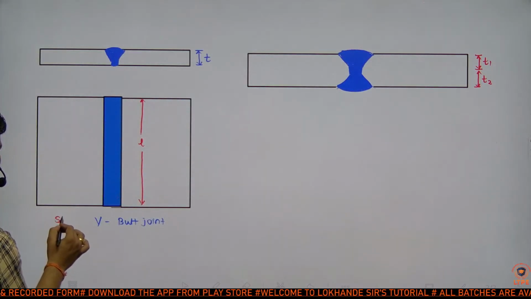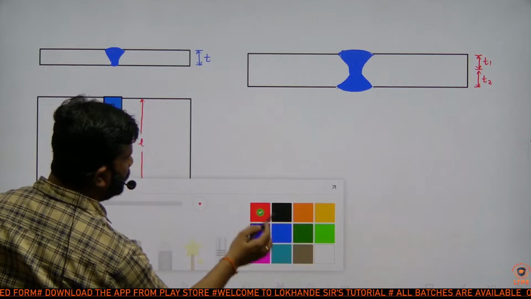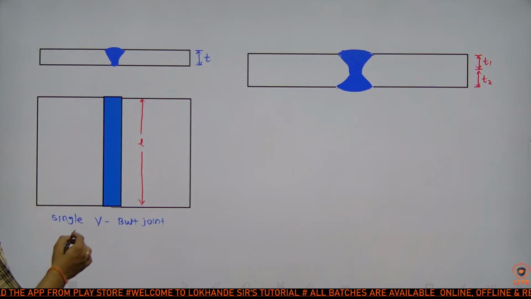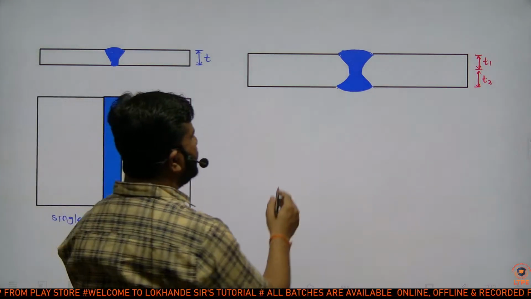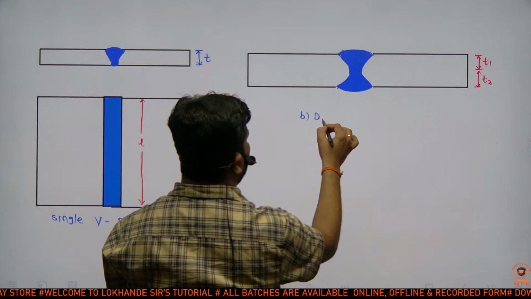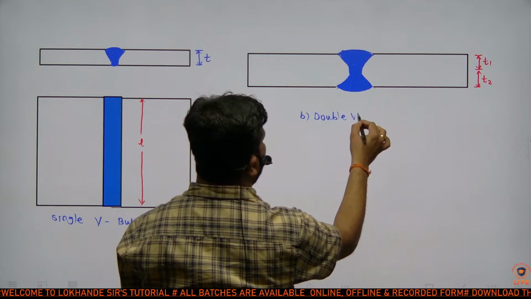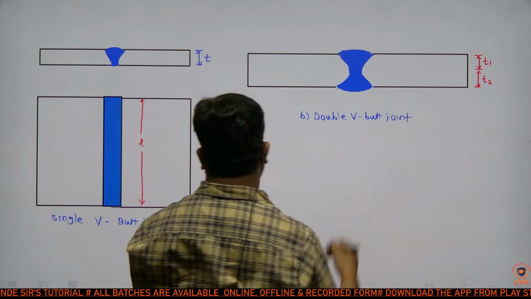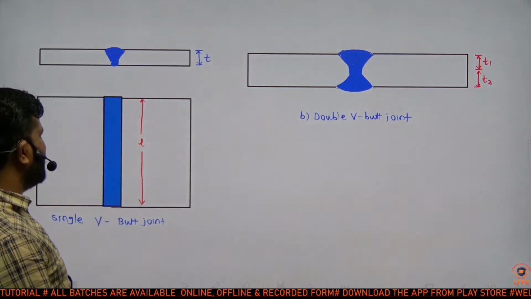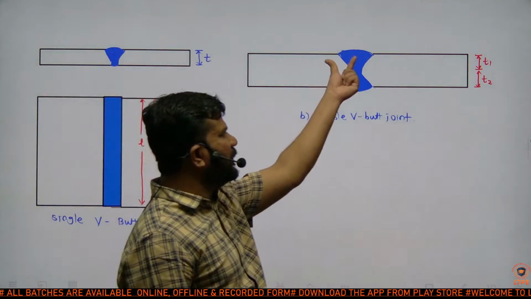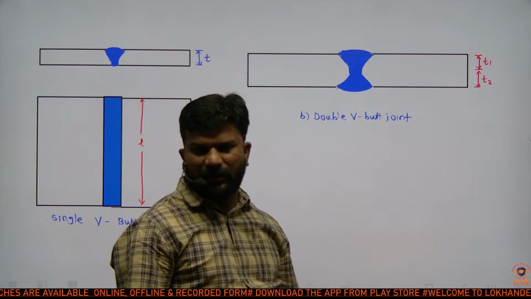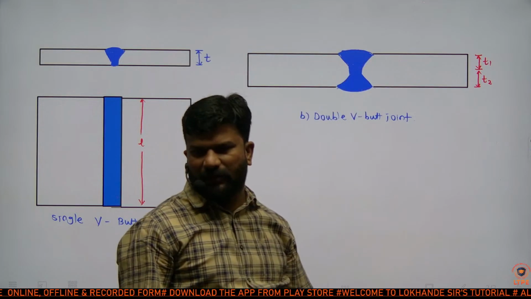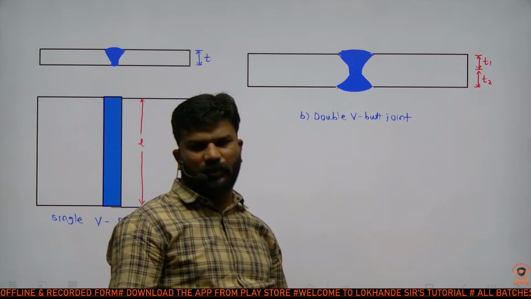Single V butt joint. And this is called a double V butt joint. As its shape looks like a V, it is called a V butt joint. If its shape looks like a U, it is called a U butt joint, double U, square butt joint.